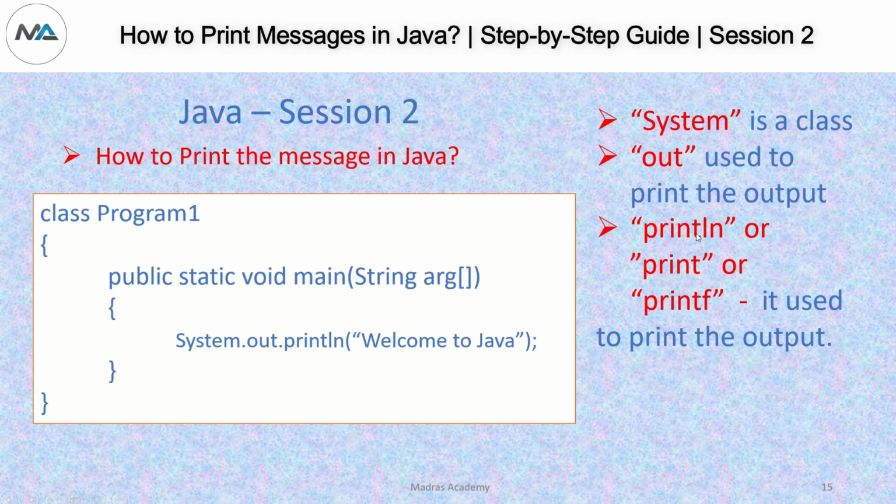println will automatically print the next line. Here I have only one message, welcome to Madras Academy. If I write one more print statement using the println method, that line will print in the next line, not in the same line. But if I use print or printf, it will display in the same line.